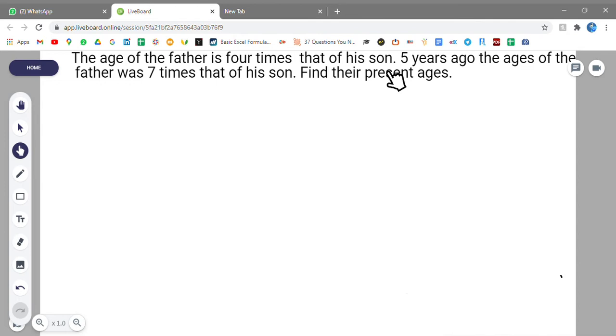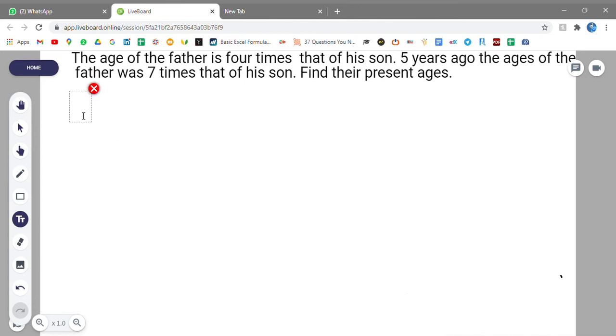So first we will define what is the age of the father and son here, only by seeing the first part of the problem. The age of the father is 4 times of his son. So first we will define the age of the son here.